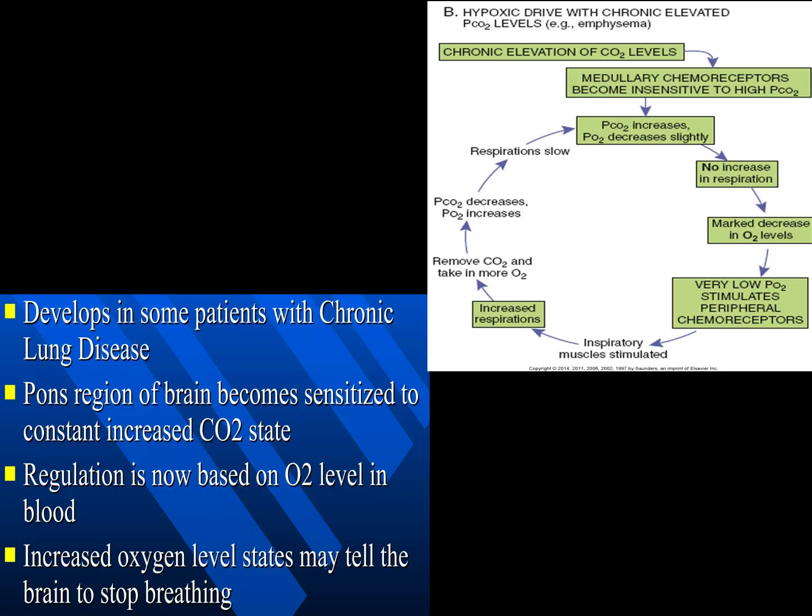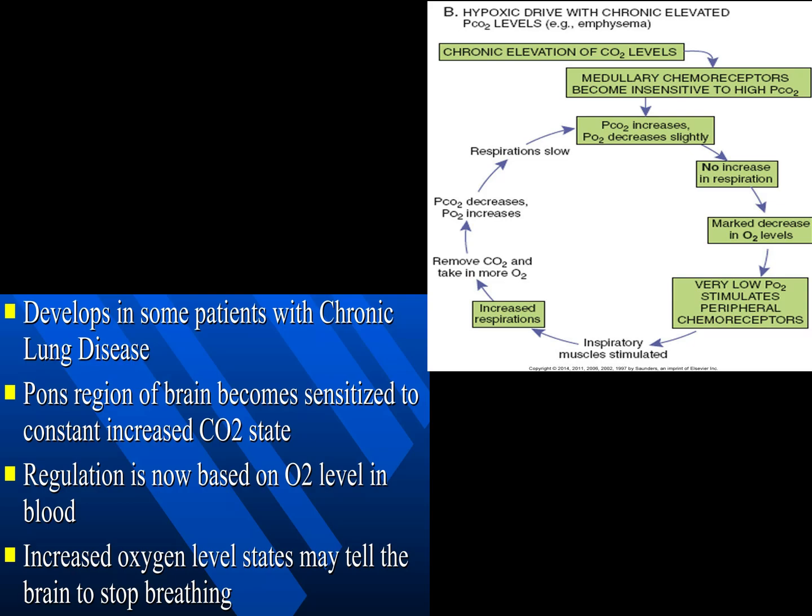The hypoxic drive is a form of respiratory drive where the body uses chemoreceptors for oxygen instead of carbon dioxide receptors to regulate the respiratory cycle. Normal respiration is driven mostly by levels of carbon dioxide in the arteries detected by peripheral chemoreceptors, and very little by oxygen.